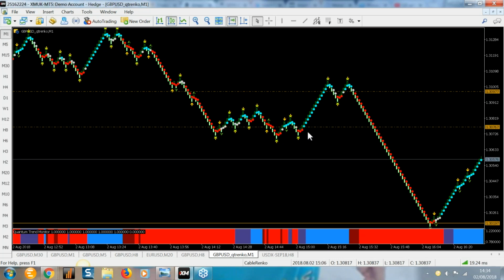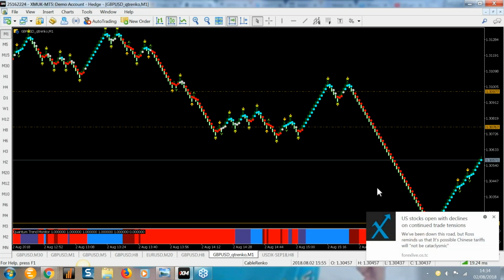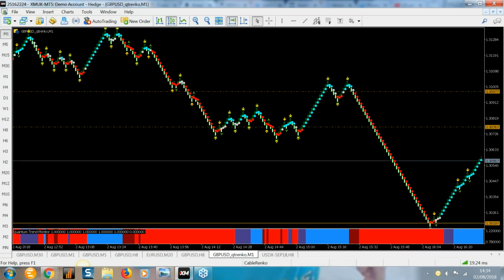Cable shot up because interest rates went up, then pulled back, and then we've had this quite sharp fall in the pair, even though interest rates have gone up. And you say, well, how come, if a currency is supposed to strengthen when interest rates go up, how come that fell? I'll leave David to explain that to you.